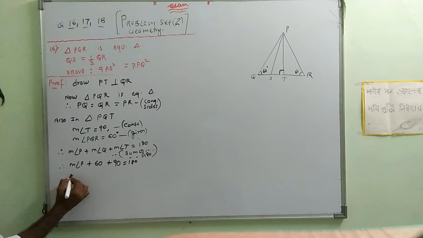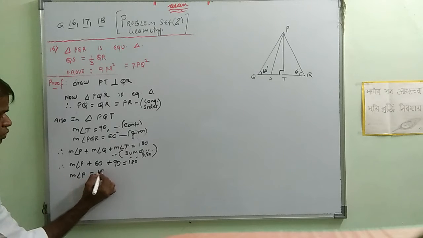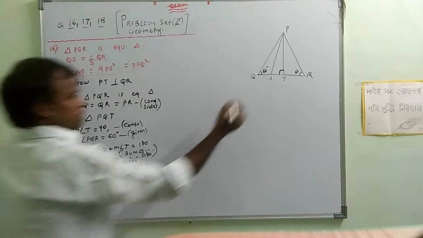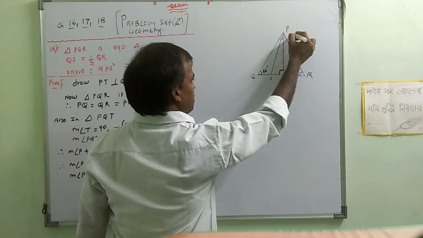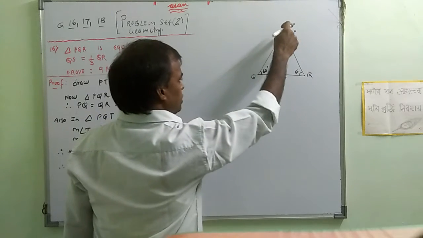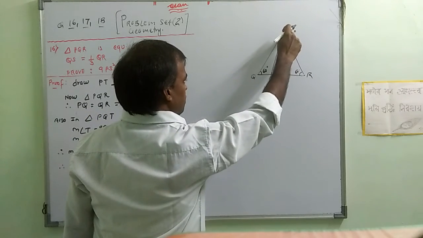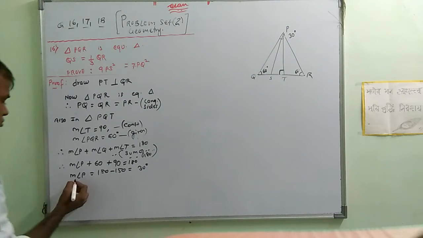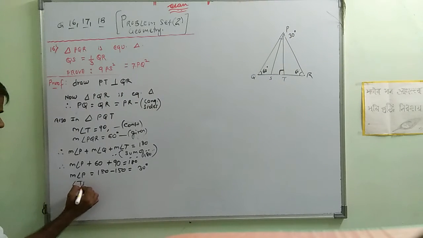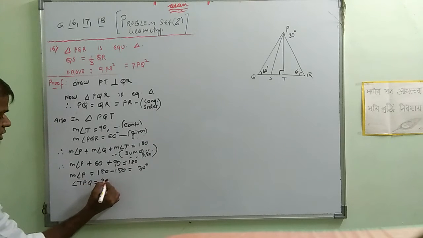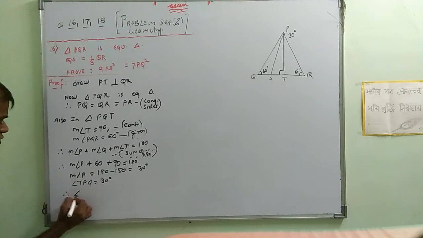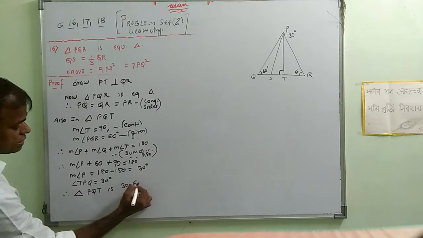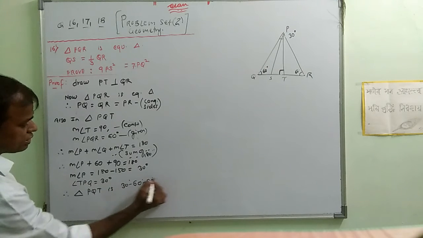So we get measure angle P equals 180 minus 150, that is 30 degrees. So angle TPQ equals 30 degrees. Therefore, triangle PQT is a 30, 60, 90 triangle.